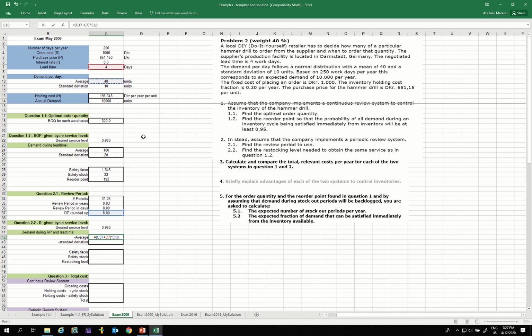It is here, okay, 480, and the standard deviation is square root of RP plus L multiplied by the standard deviation of demand per day.